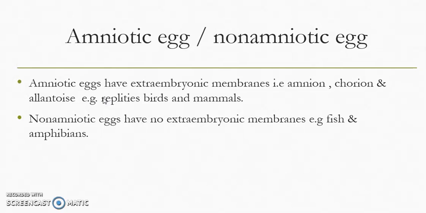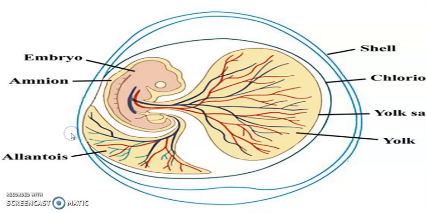Such organisms are called amniotes. And non-amniotic eggs are the eggs that do not have these extra-embryonic membranes that help baby development within the egg, outside the body of the female, in the terrestrial, land environment. Examples are fish and amphibians. Such organisms are called anamniotes.